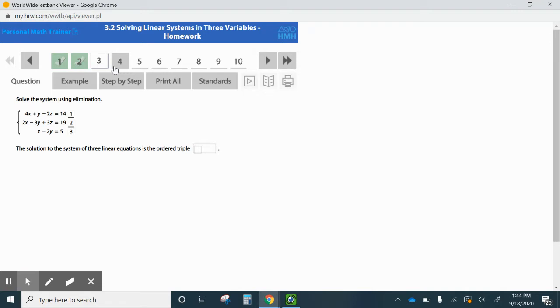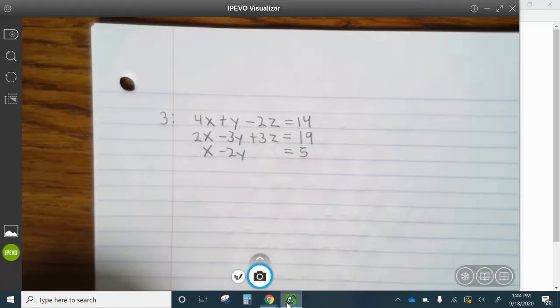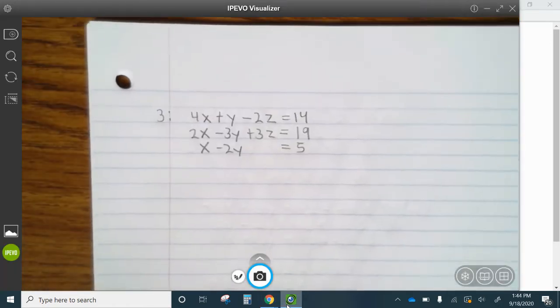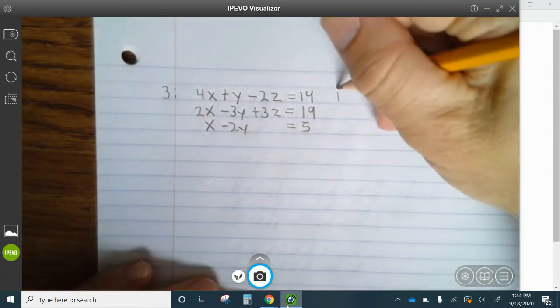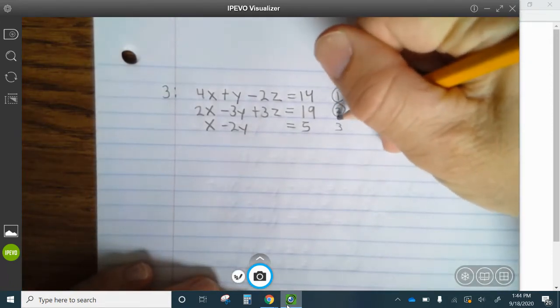I've written the system down. Now let's solve with elimination. This is equation 1, this is equation 2, this is equation 3. But equation 3 can become 4 because there's only 2 variables. So that's 1x minus 2y equals 5, and that's equation 4.